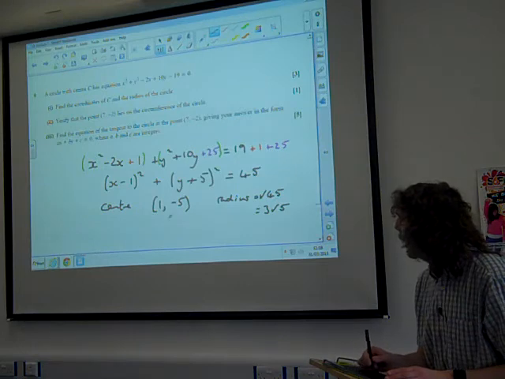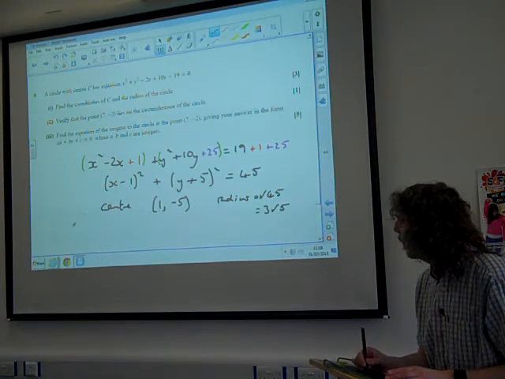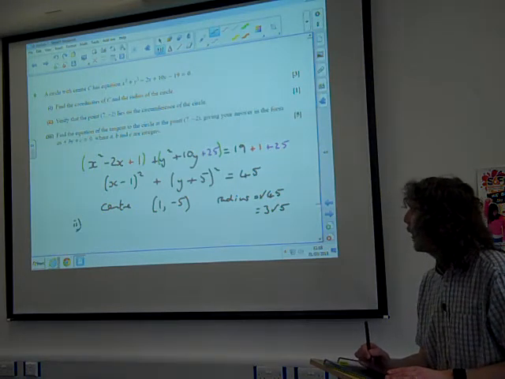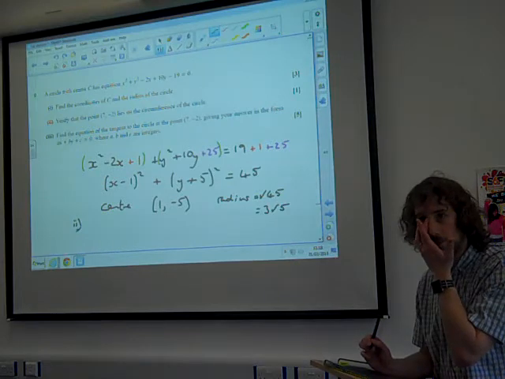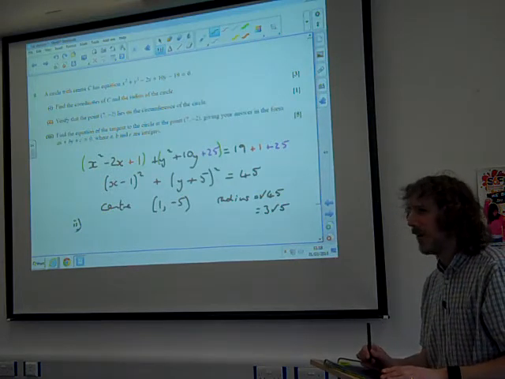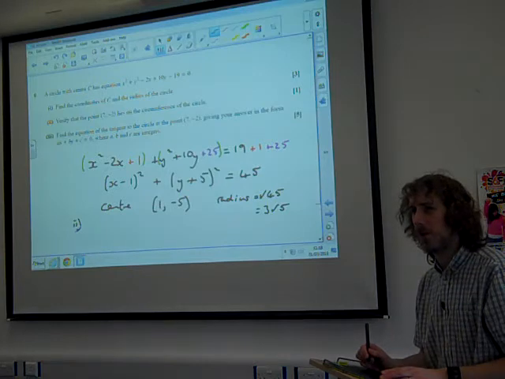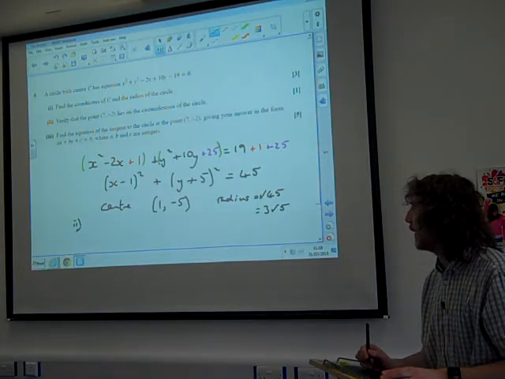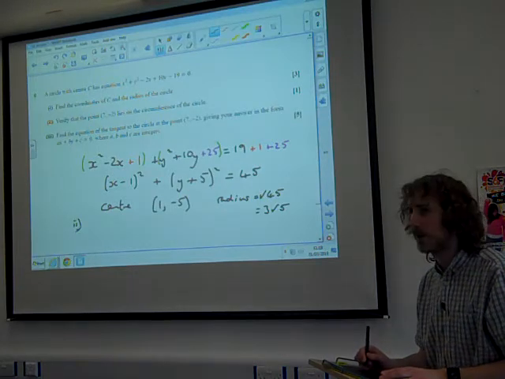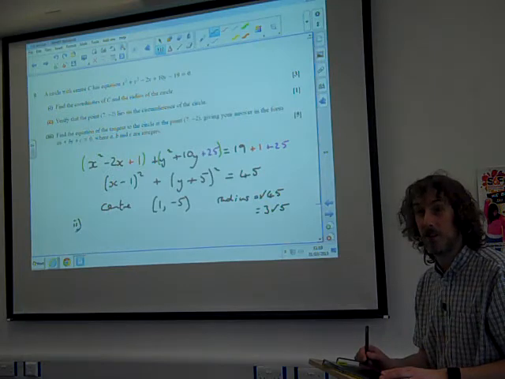3 marks. Verify that the point 7, minus 2 lies on the circumference of the circle. Verify questions are really dull. All this really means is sub in the values x equals 7, y equals minus 2, and check it fits.